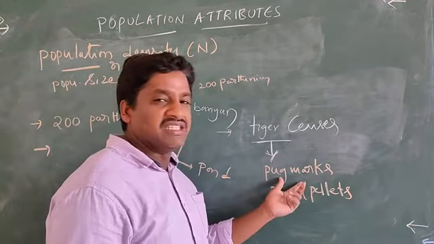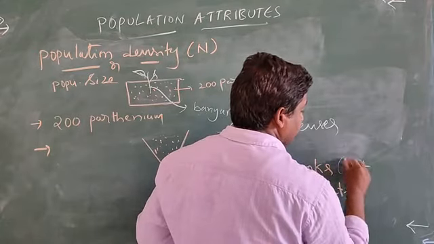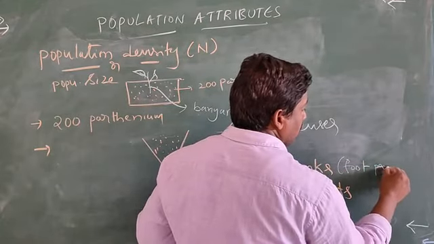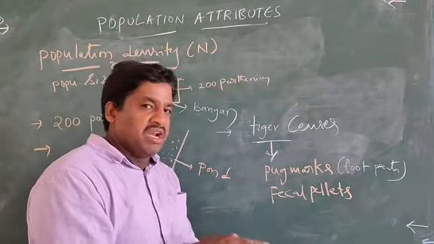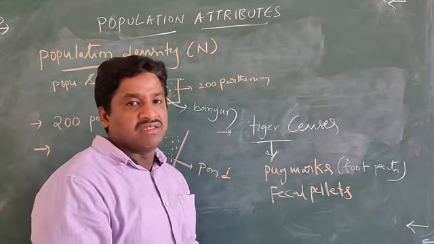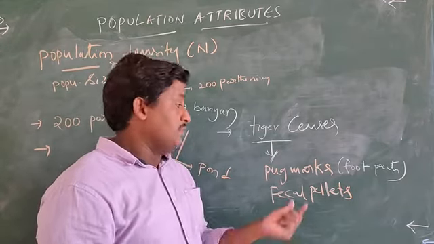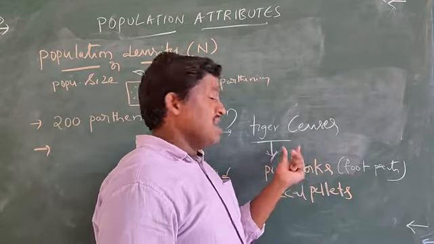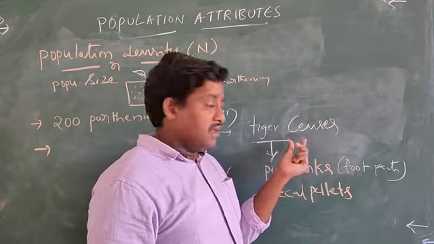Pug marks means the footprints. How big is the size of the footprint? That means the different lengths of their fingers, how much length and width is present. Based on the pug marks, the tiger census is calculated in the tiger reserves and national parks.